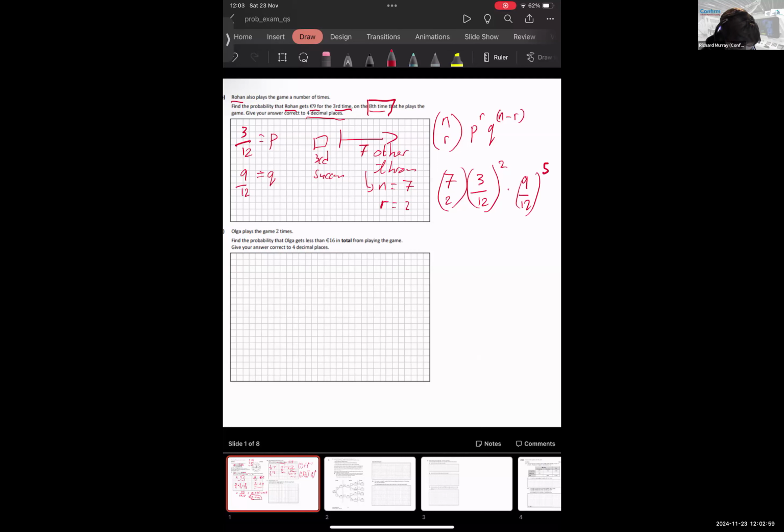So it's 7 choose 2, times 3 over 12 to the power of 2, times 9 over 12 to the power of 5. And we get, out of our calculator, 0.311162. They've asked for 4 decimal places, so we give them 0.3112.